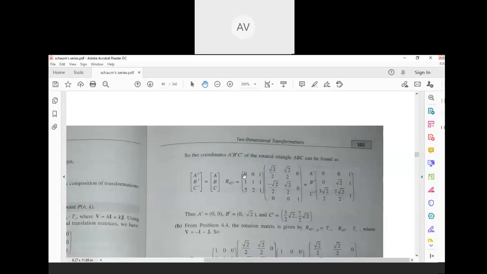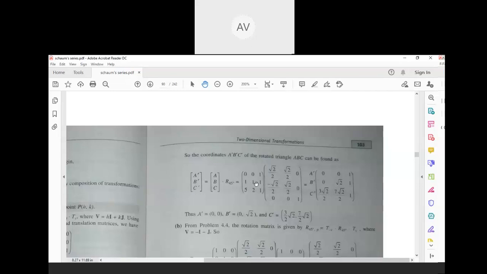Okay, so how will you do the matrix multiplication? I showed you: first row into first column, you will get this value.